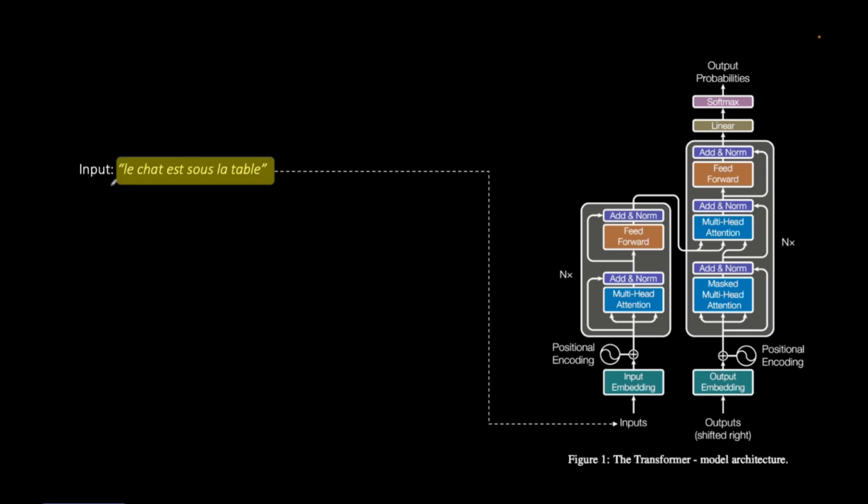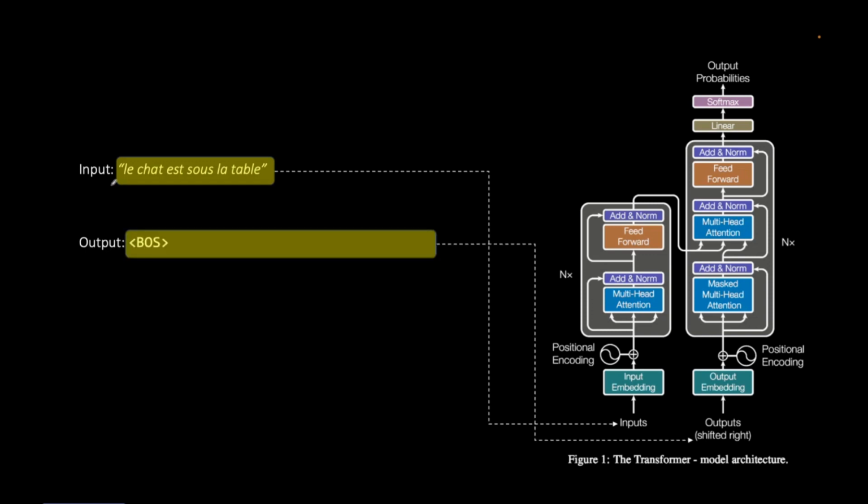The way that you use this, you put the input in the encoder side. Then you initialize the output of the decoder side by using only one token. Usually this is a beginning-of-sentence token, a special token that you usually add to your vocabulary.